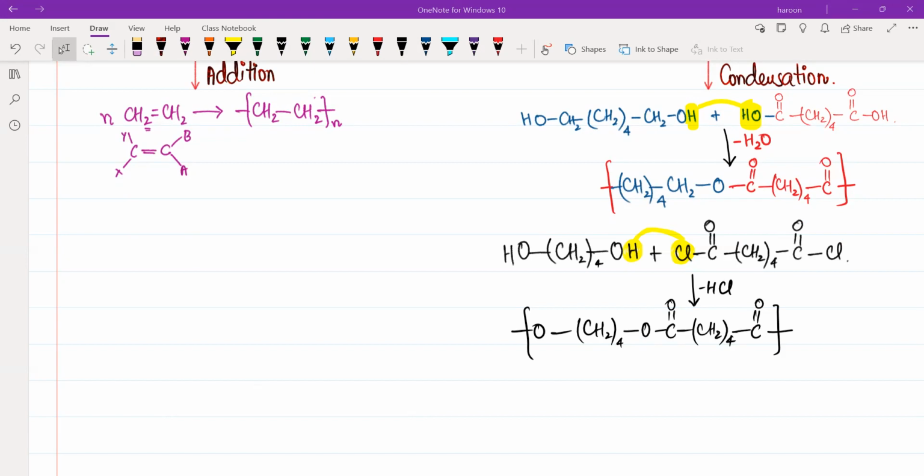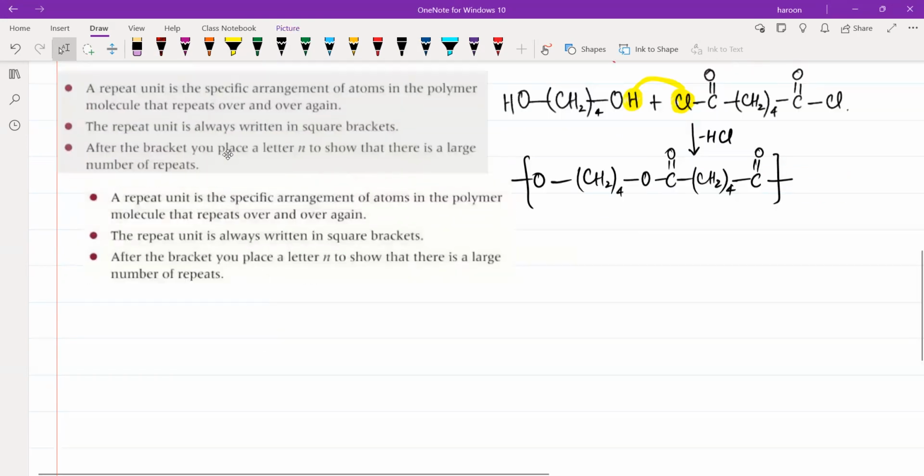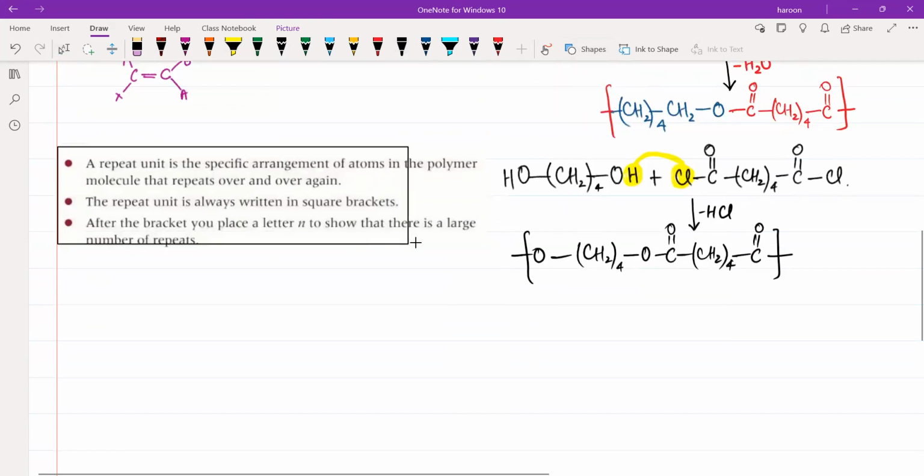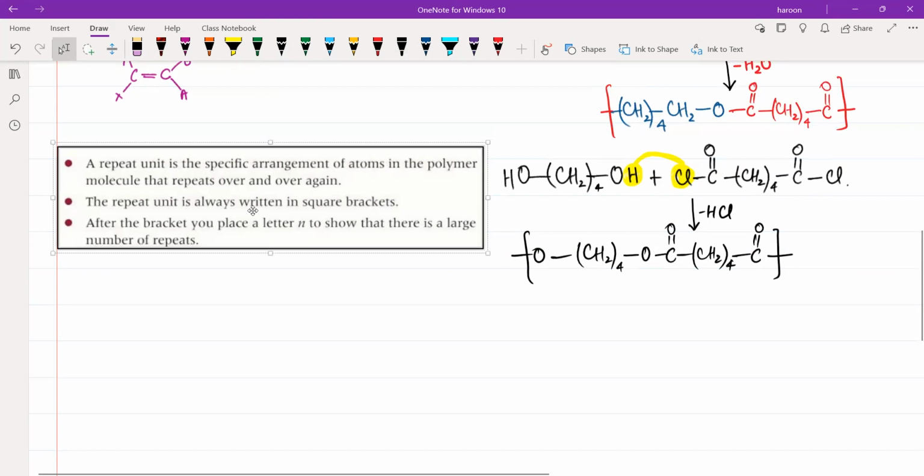Now, we have 2 points here to read. Let me select the points. A repeat unit is a specific arrangement of atoms in a polymer molecule that repeats over and over again. And the second thing is the repeat unit is always written in square brackets.